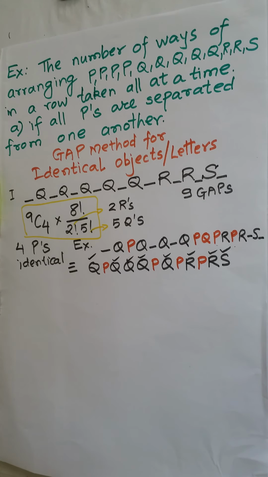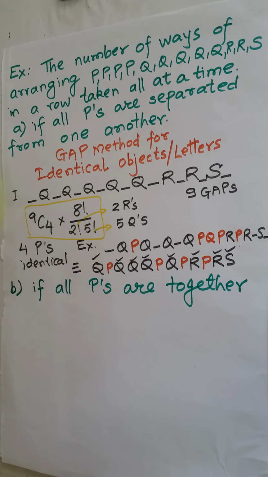Now let's see part B for this example. If all P's are together, how many such arrangements taking all the letters at a time are possible? So which reminds us what? Can we use the principle of binding?